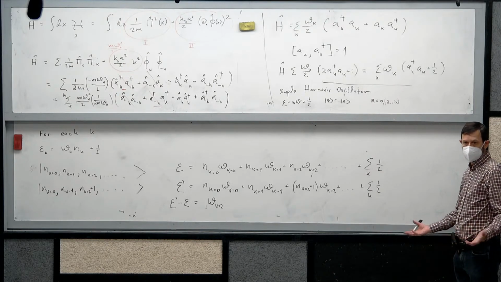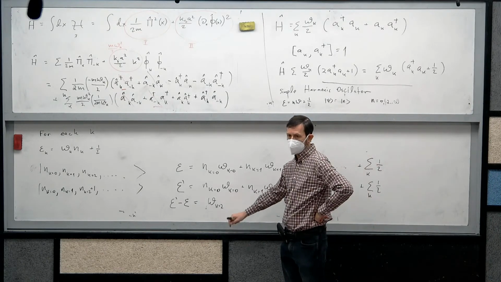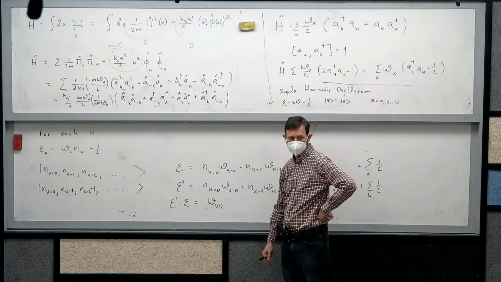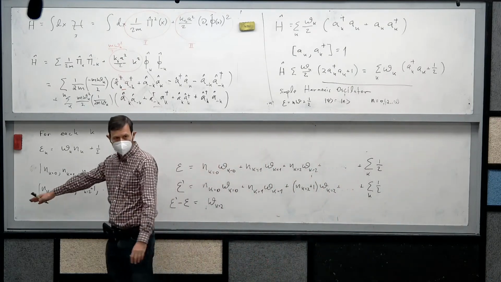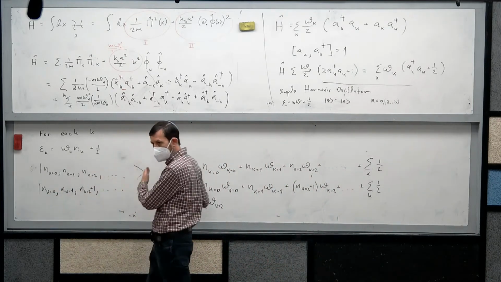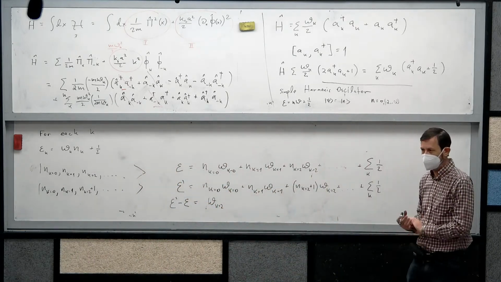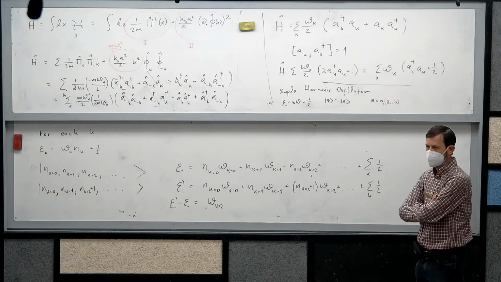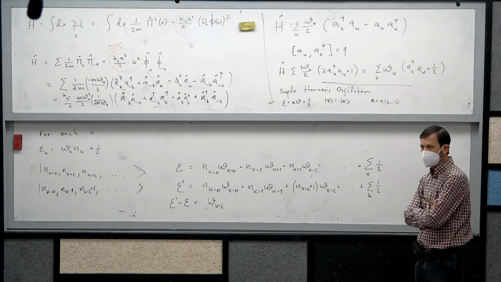The difference between the two energy states is just omega of k equal 2. Give me another state. I'll write down the energy. I can subtract and get the difference of energy to the other state, and so on.